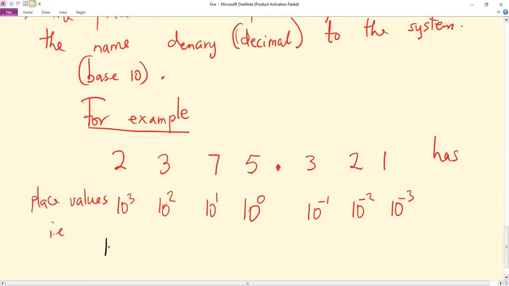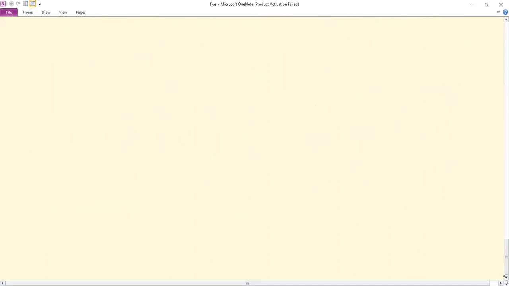So this is 1000, this one is 100, this one is 10, this one is 1. This one is 1 over 10, this one is 1 over 100, this other one is 1 over 1000. So this is what defines the denary number system.